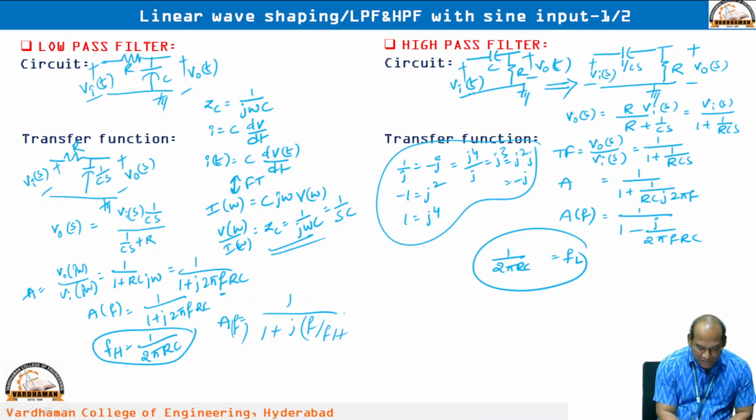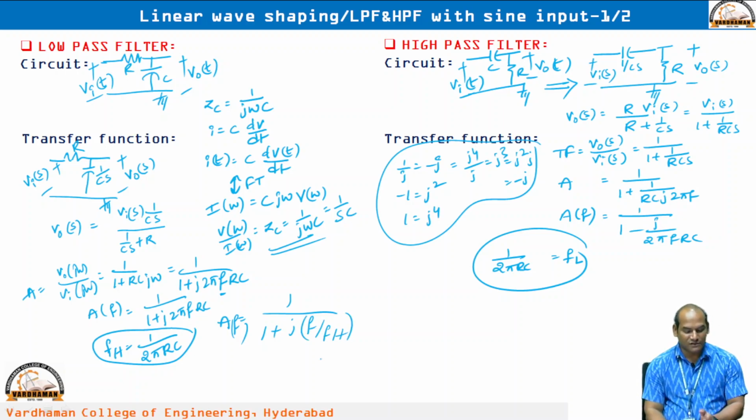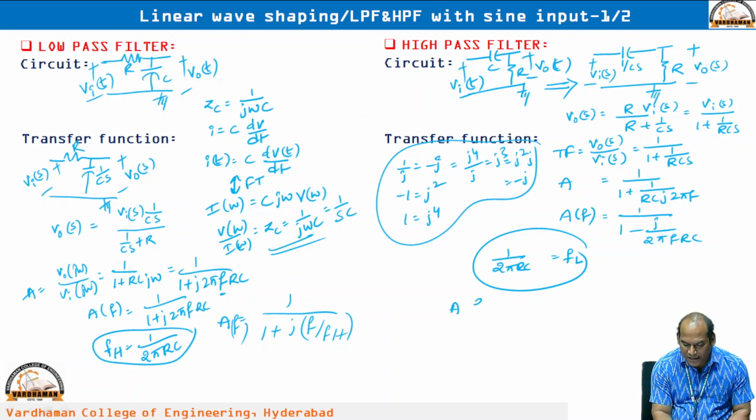So, I can modify the A of f equation like this, 1 by 1 plus j f by FH. Now, in case of the high pass filter, similarly we can substitute FL, wherever 1 by 2 pi RC is there we can write FL. So, A of f in case of the high pass filter is given by 1 by 1 minus j FL by f.